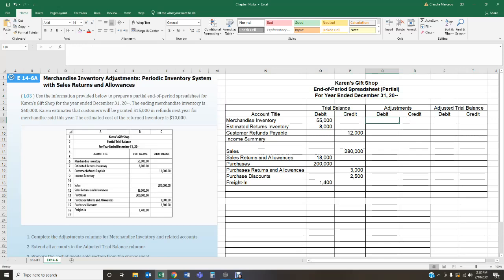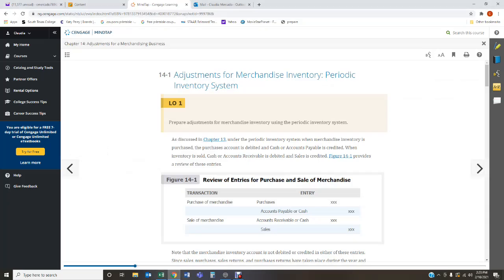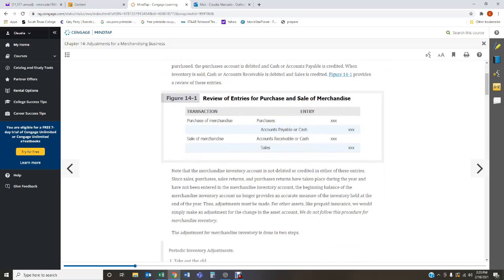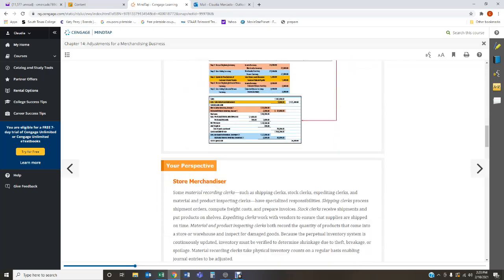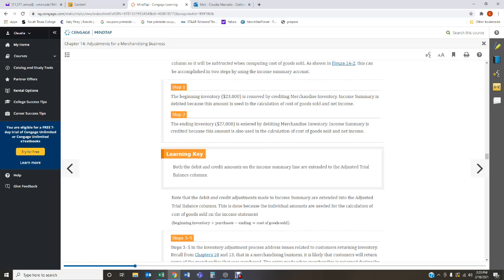If you don't know what we're doing, I highly recommend that you go back to your ebook, specifically section 14.1, which deals with the adjustments for merchandise inventory, the periodic inventory system. If you scroll down to the bottom, it has a series of steps. We're going to start with step number 1.